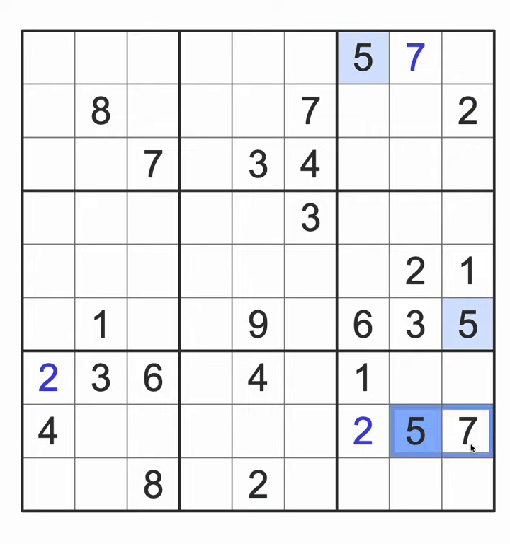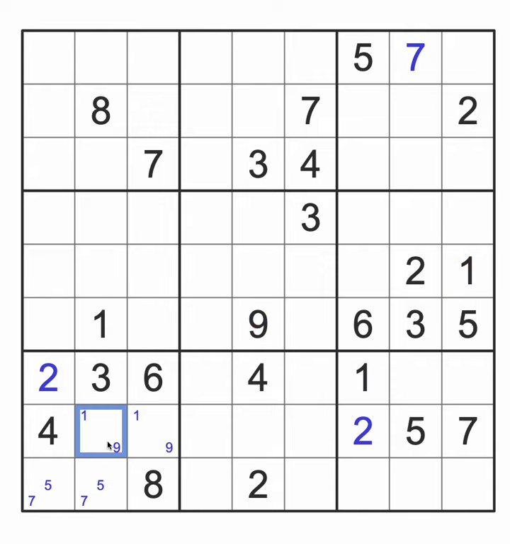So here's 5 and 7 on row 8, which have not been placed in box 7. I cannot use these two cells for 5 and 7, so these become 5, 7 double, which gives me two numbers I can use for these two cells, which will be 1 and 9.